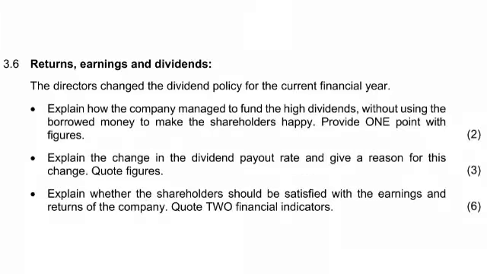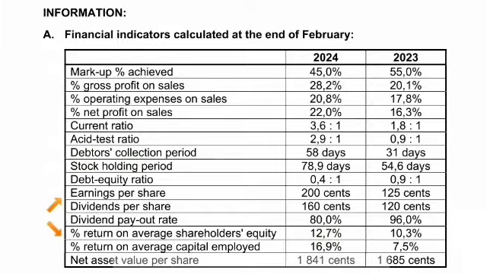So you're going to choose the financial indicators that are going to support your stance. So looking at our earnings and returns, you can look at the earnings per share that used to be 125 cents and now it is 200 cents. And then you're also looking at a percentage return on shareholders equity. It used to be 10.3 and now it is 12.7.